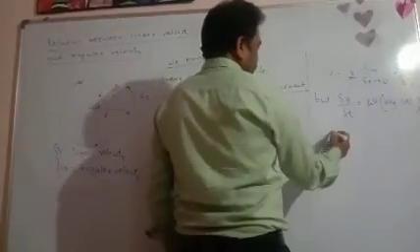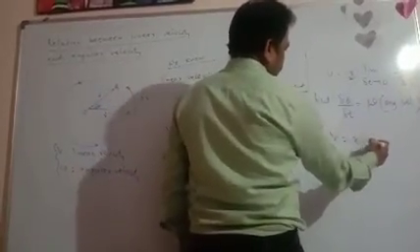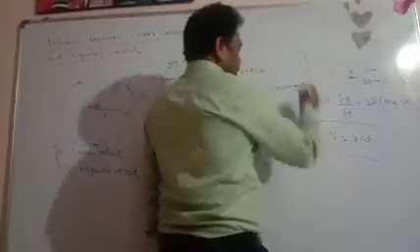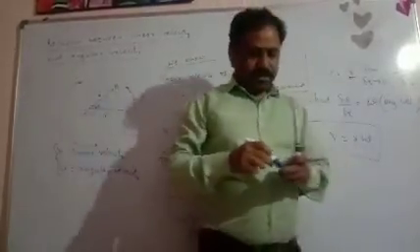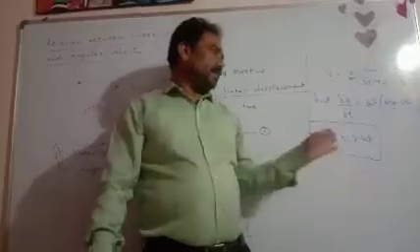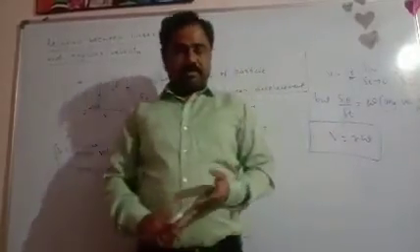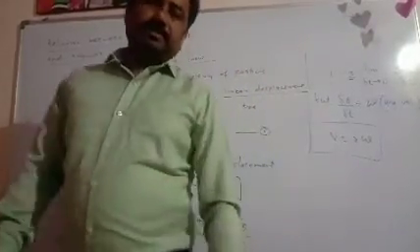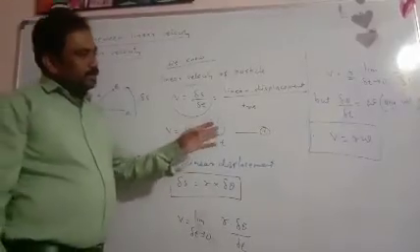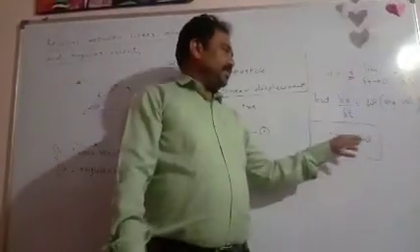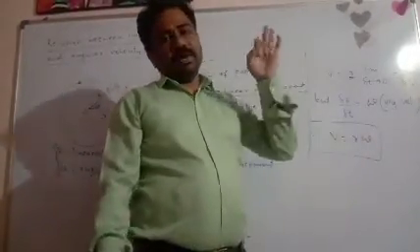Therefore, V is equal to r into omega, and this is the most important concept for solving problems based on linear velocity and angular velocity. You should know the relation between them: V is exactly equal to r omega.